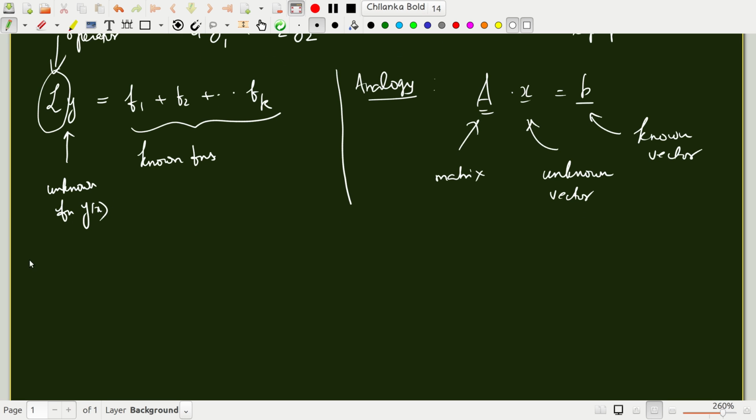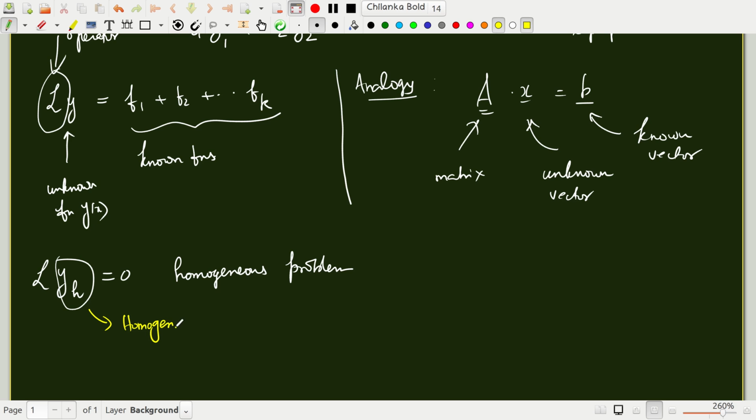Now, if you set the right side to 0, this is called the homogeneous problem. The solutions to the homogeneous problem are called the homogeneous solutions.